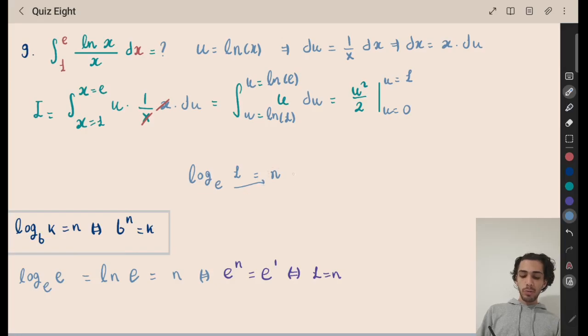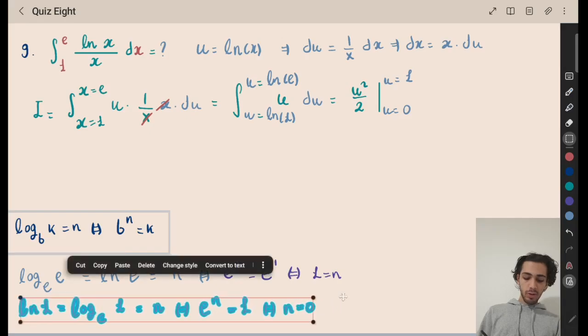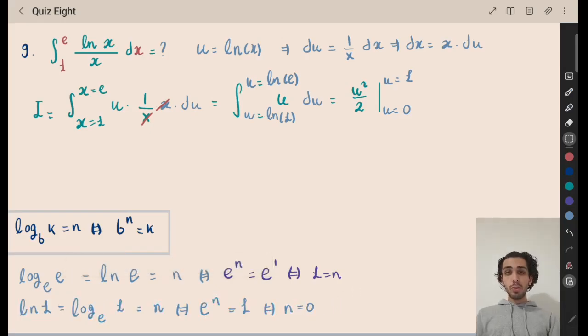So we're saying that e to the power of n is equal to 1. And the only n that gives you this is n is equal to 0. So that is why ln of 1 is 0, if that makes sense to you. I'm just using the definition. You don't need to do this in the exam, you just write this down. But I'm just writing it for you if you've never seen it before.